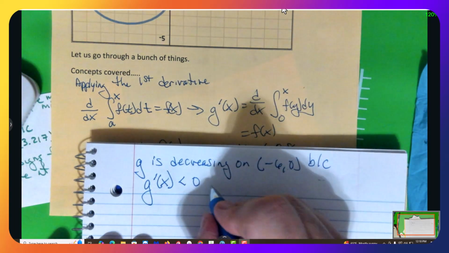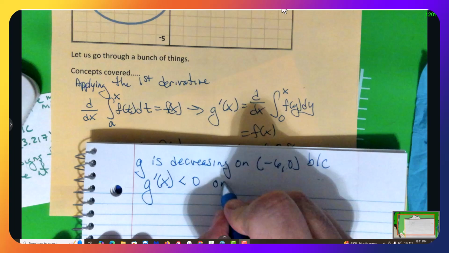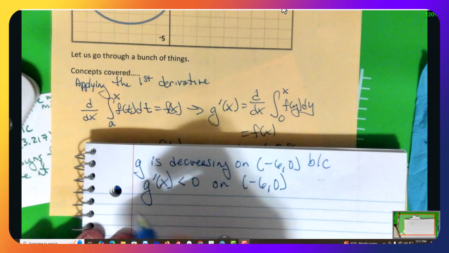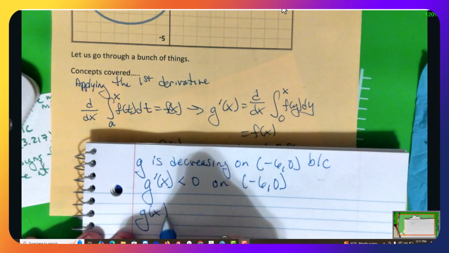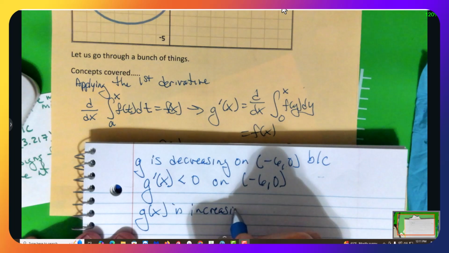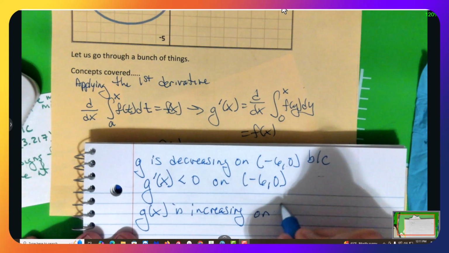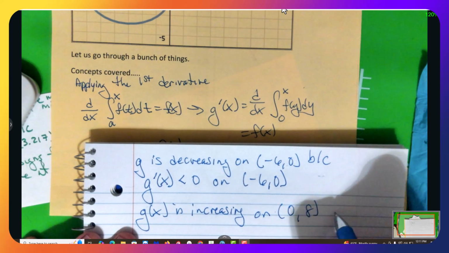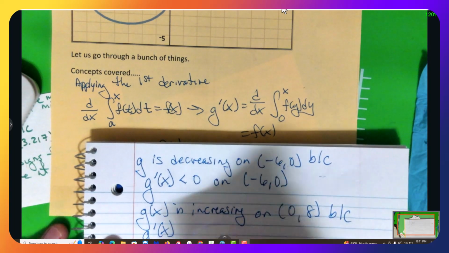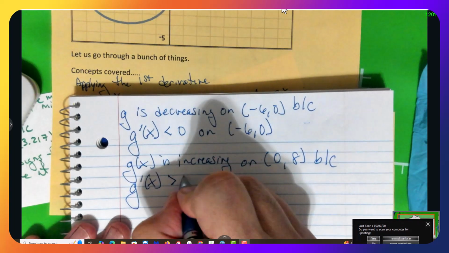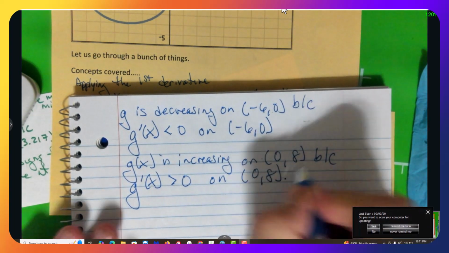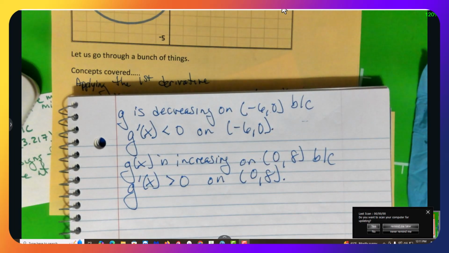G prime of x is less than 0 on the interval, and just copy the interval and take your points. G of x is increasing on the interval from 0 to 8. Why? Because the derivative of g, also known as g prime of x, is positive on the interval from 0 to 8. That gets all the points.